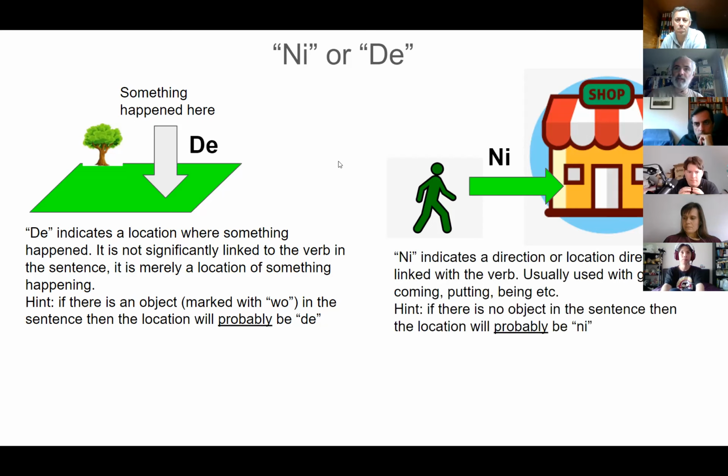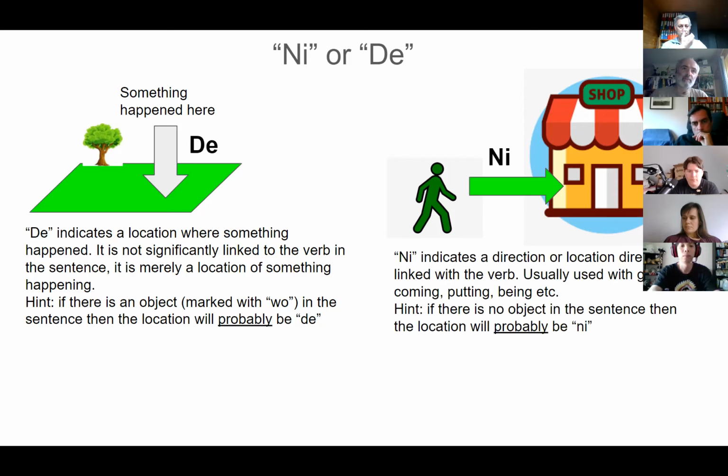So ni indicates a direction or location directly linked with a verb. Usually used with going, coming, putting, being. So placing something as well, okimasu, oku, or putting something inside something, ireru, is also considered to be a movement type verb, in which case we will use ni.